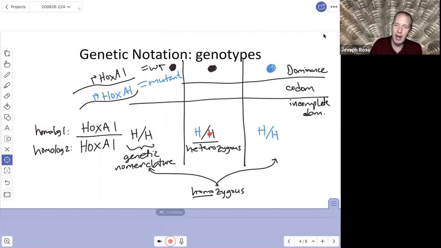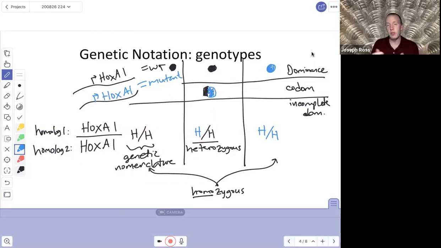That's what defines black H as dominant, and by extension, by definition, blue H is recessive to black H. In codominance, what happens? In codominance, we get a mixture of the two. That is, we might get an individual that's half black and half blue. That is, both traits appear distinctly in the organism.